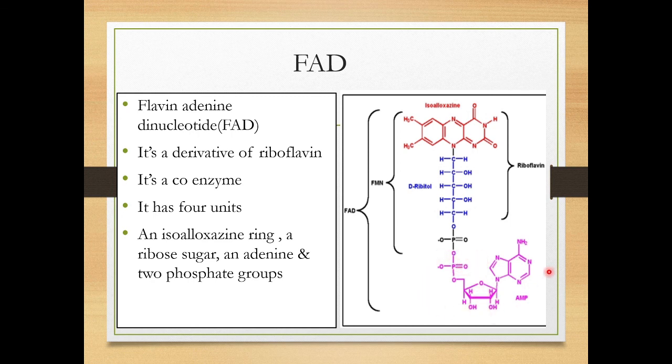So this is actually a true nucleotide, adenosine monophosphate, but the other part is not a true nucleotide. But both linked together are simply called FAD, flavin adenine dinucleotide.